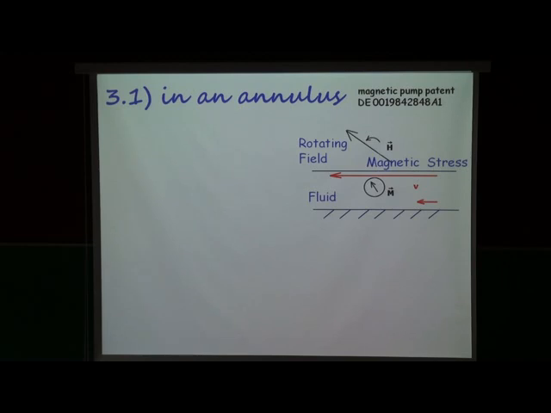So there was no quantitative description of that effect, and also they could not predict in which direction the flow is flowing. Together with a patent by Mario Leo on a magnetic pump, this gave us the idea of a different setup. So we have here a channel, and you have a magnetic liquid in here, and then we are applying a rotating magnetic field, and the rotation is going in that way.